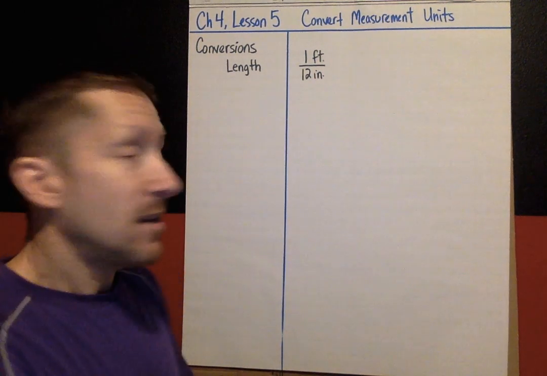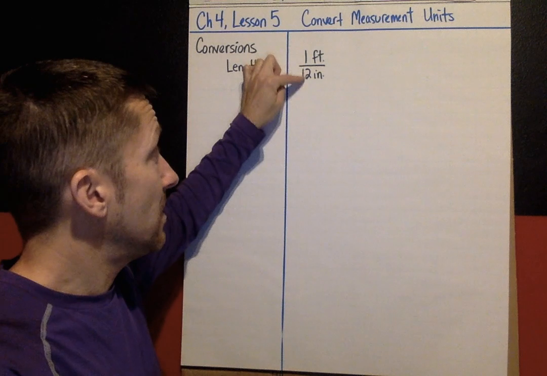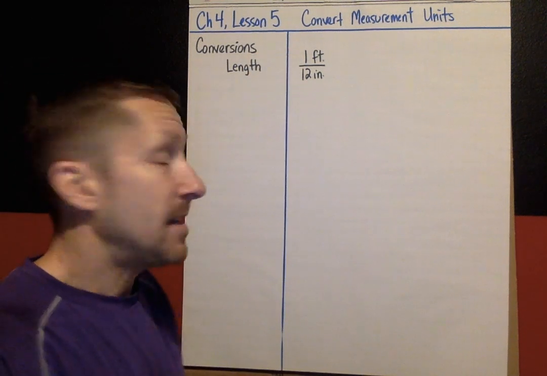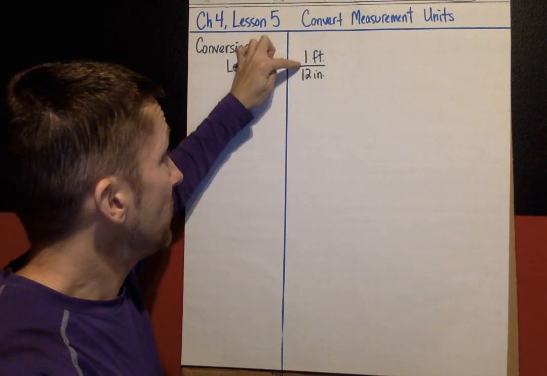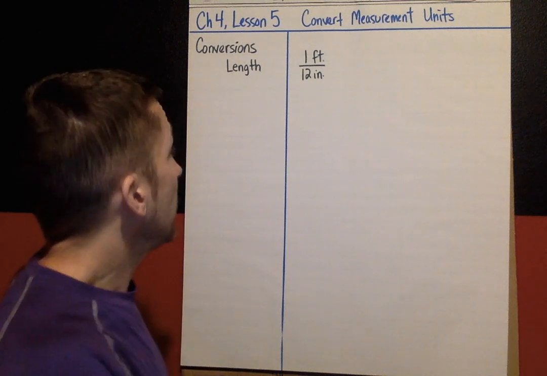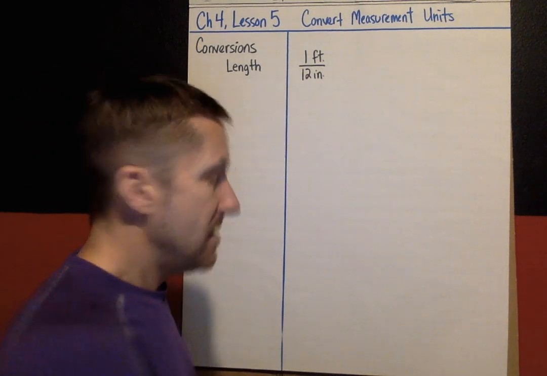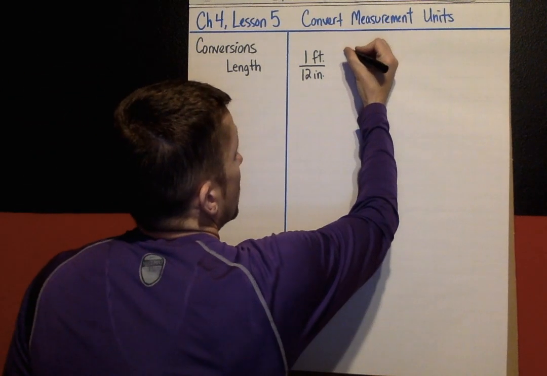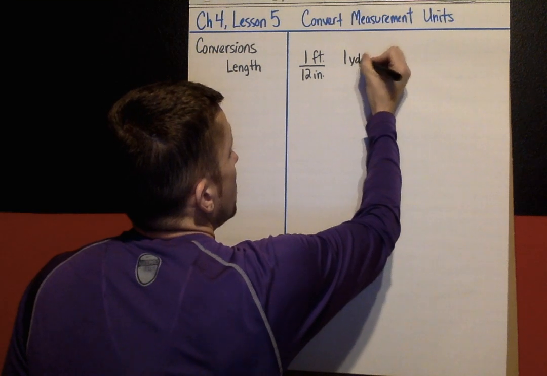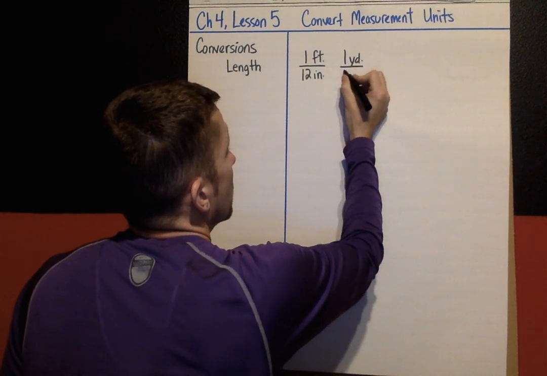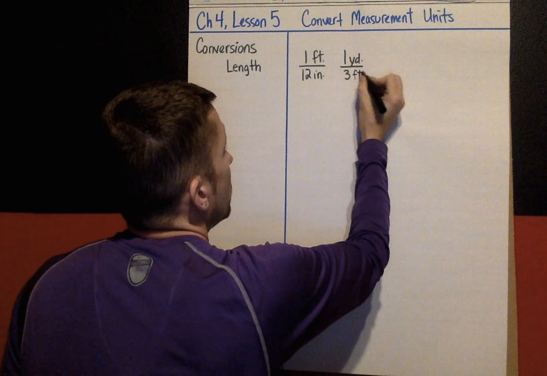And notice that the conversions, they look just like a fraction or a ratio, and that's what they are. There's 1 foot for every 12 inches. Okay, that's a conversion right there. The next one we're going to look at is yards in feet. For every 1 yard, there are 3 feet.